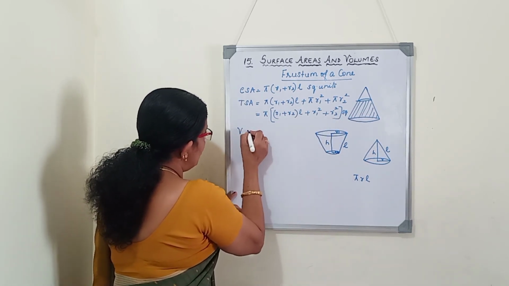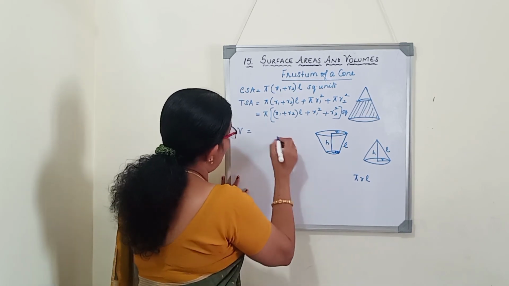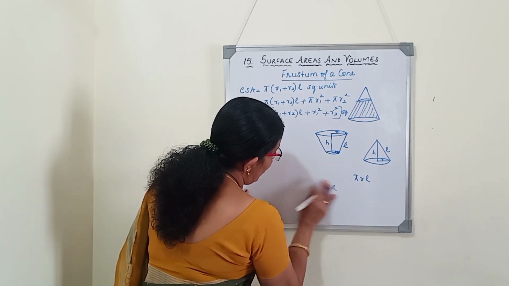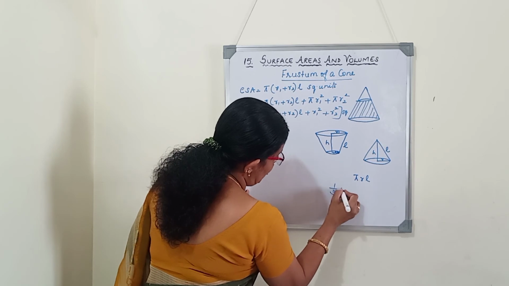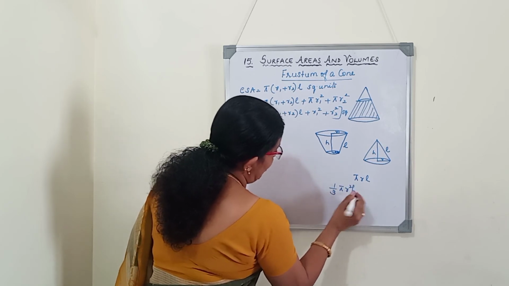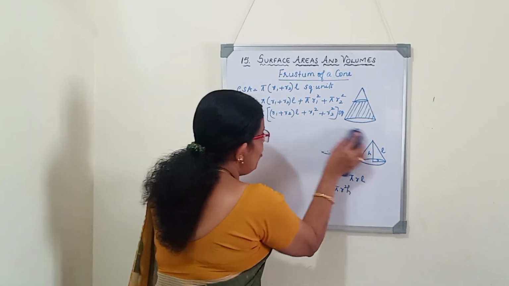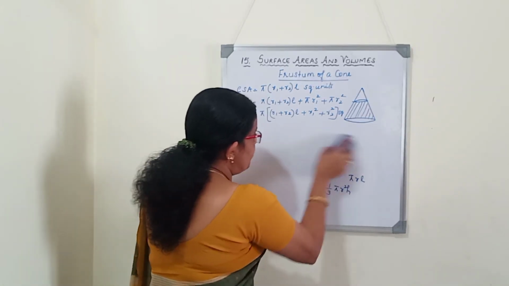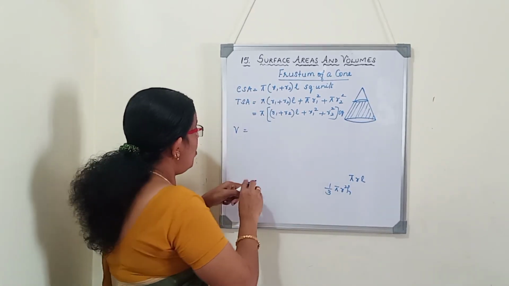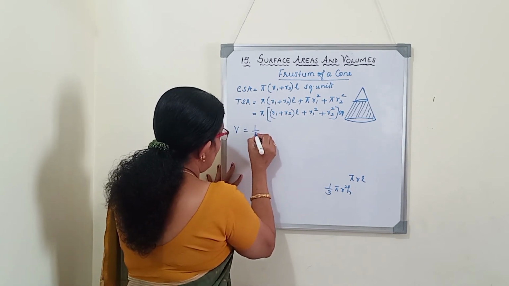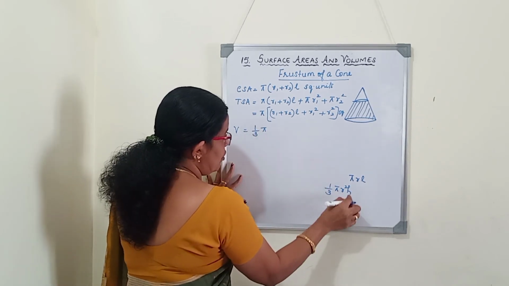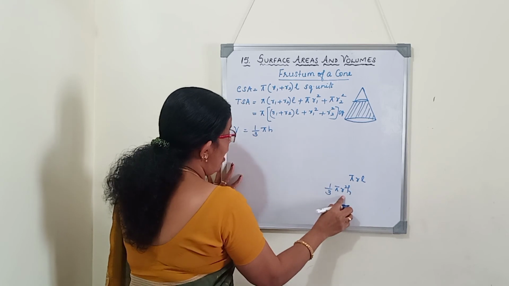And volume. Volume of a cone is 1 by 3 pi r square h. So here volume of the frustum of a cone is 1 by 3 pi h. H also I will write. Only r changes.